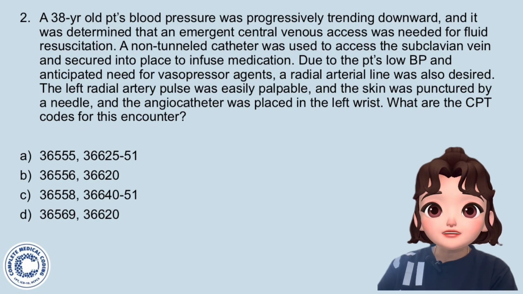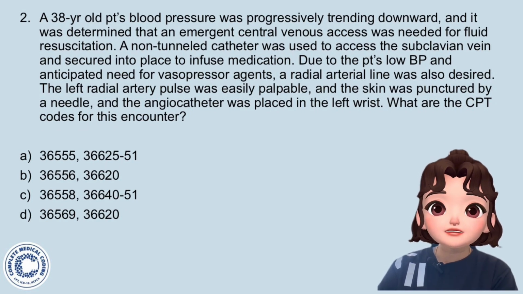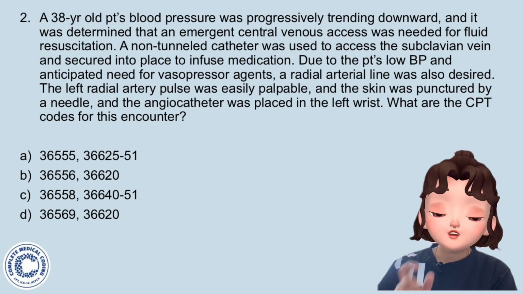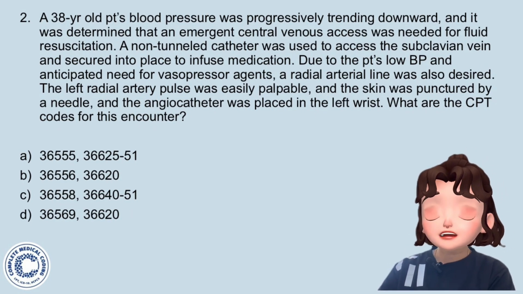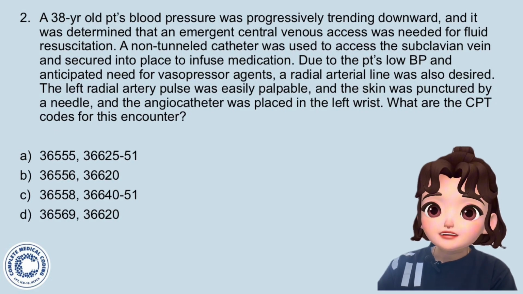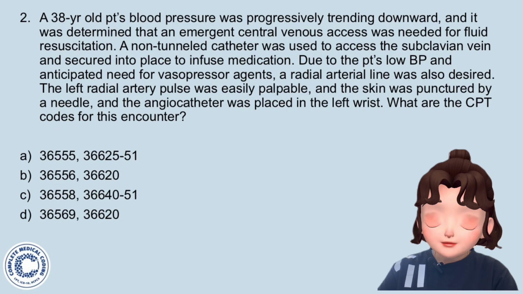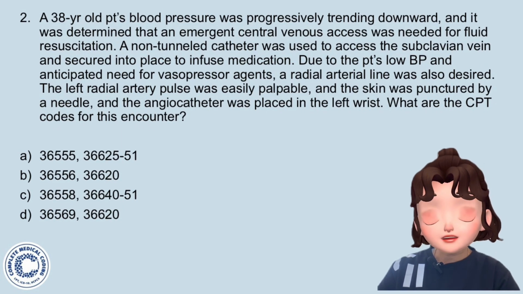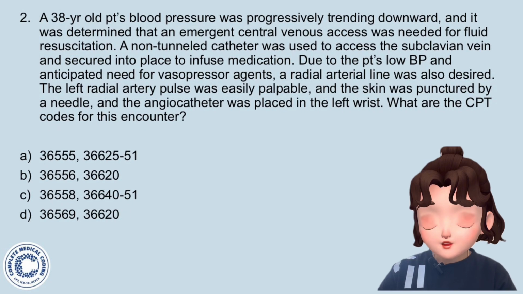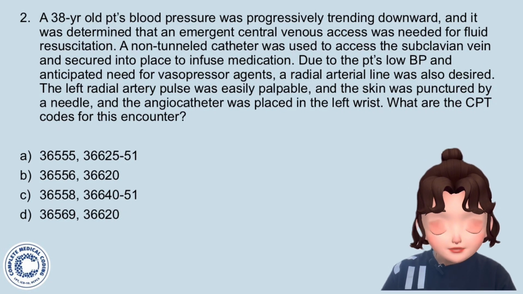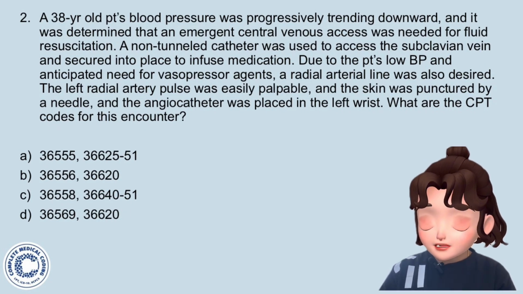But still, if you got the answer, you should always cross check the other codes, whether that code description is mentioned in the question or not. Anyway, let's move to that code 36620. What is 36620 in option B?